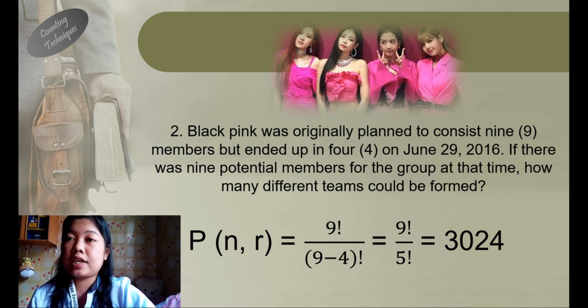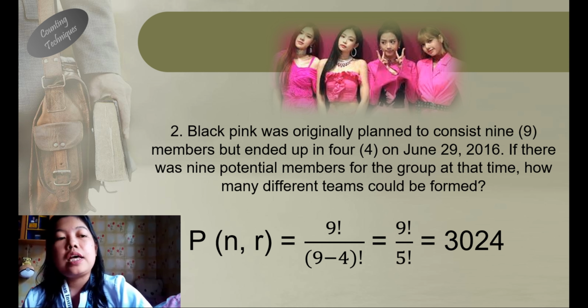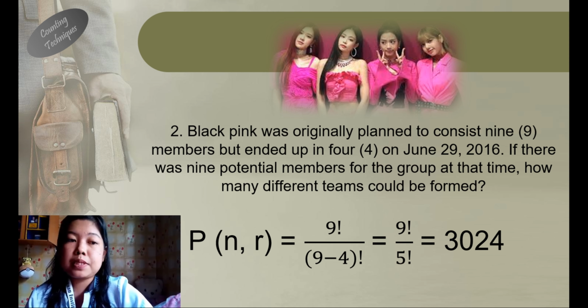So, we can substitute the given values into the formula. Then, P sub 9 and 4 is equal to 9 factorial over the quantity of 9 minus 4 factorial. So, we can just copy the 9 factorial, then 9 minus 4 is equal to 5 factorial. So, we get 9 factorial all over 5 factorial. Then, we can get the factorial of 9.